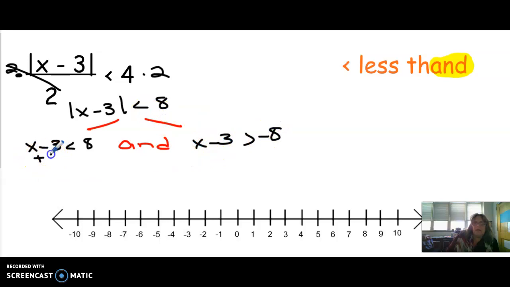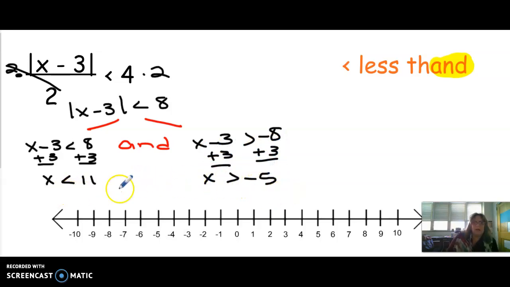Now if we solve, we're going to add 3 to both sides. That's x is less than 11. Add 3, and we get x is greater than -5. There is no line underneath either one of these inequalities. So we're going to find -5, and we're going to go to the right.